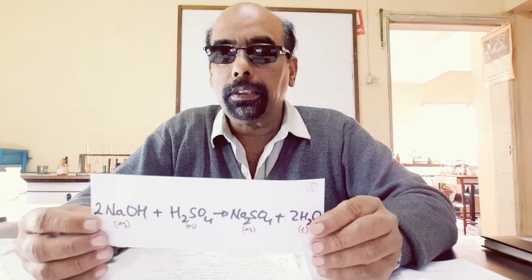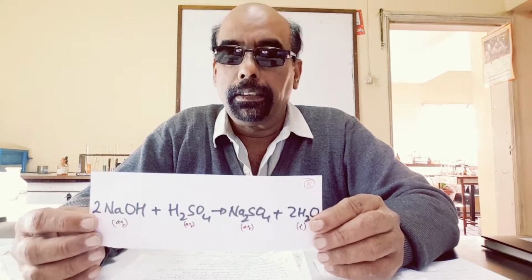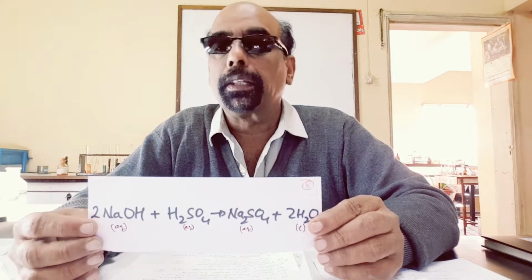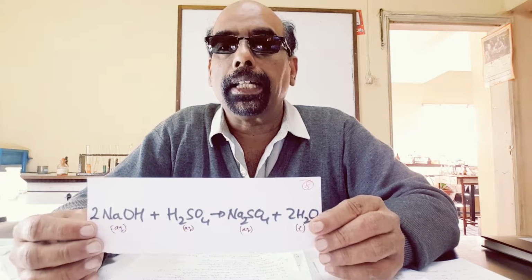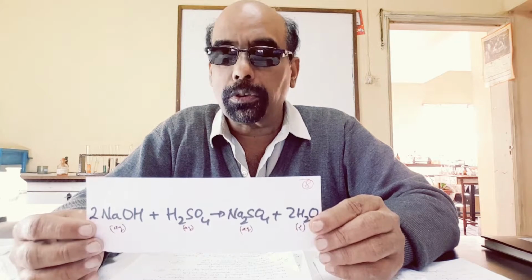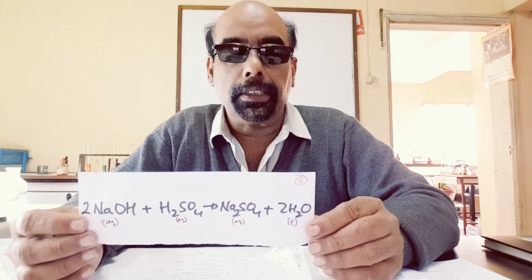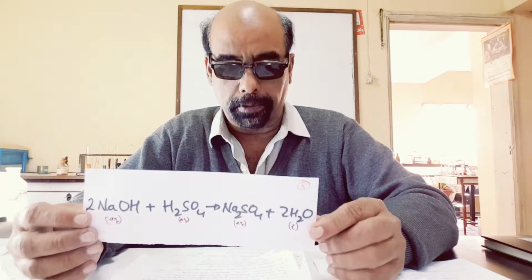For example, if we have to prepare sodium sulfate, we need sulfuric acid. Sulfuric acid will provide the sulfate, and sodium hydroxide, the alkali, will provide the sodium. They both react to give sodium sulfate, aqueous, and water.